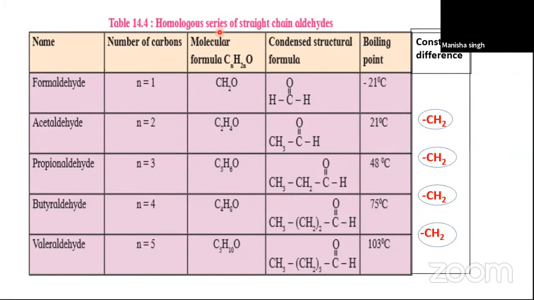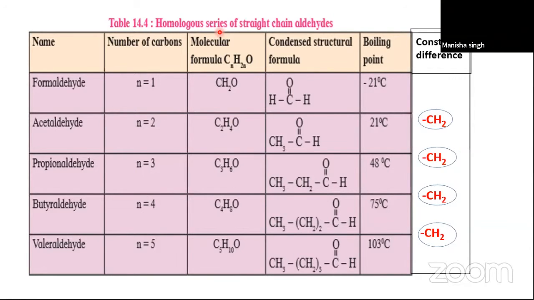So those properties shown by the group of the compounds, they are nothing but homologous series. So the word homo means similar and logos means relation. So the similar relations seen in the compounds having same functional group, they are known as homologous series.